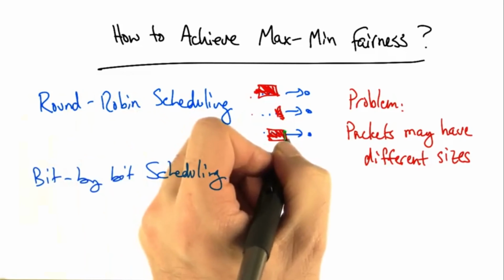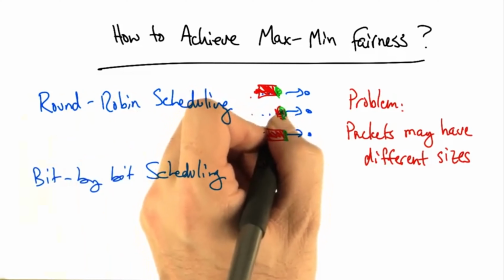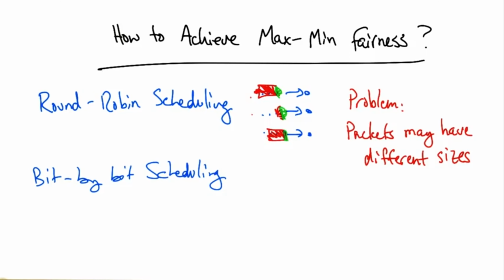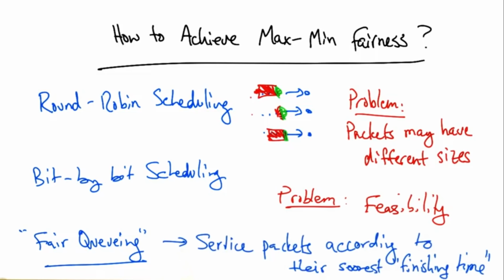An alternative is to use bit-by-bit scheduling, where during each time slot, each queue only has 1 bit serviced. This, of course, is perfectly fair, but the problem is feasibility. How do we service 1 bit from a queue? A third alternative is called fair queuing, which achieves max-min fairness by servicing packets according to the soonest finishing time.